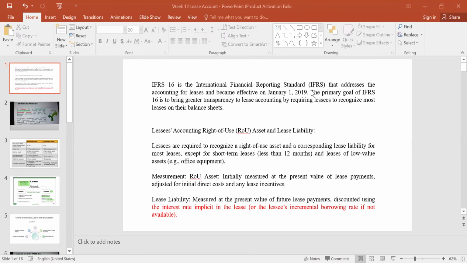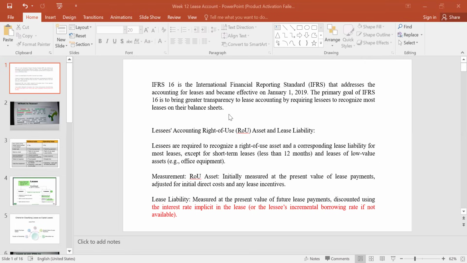This agreement and the related rules and procedures came into effect under IFRS 16 in 2019. The primary goal of IFRS 16 is to bring greater transparency to lease accounting by requiring lessees to recognize most leases on their balance sheet.